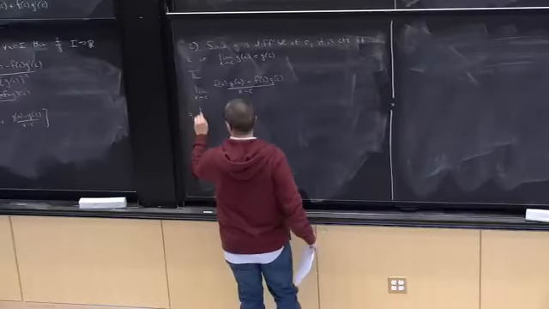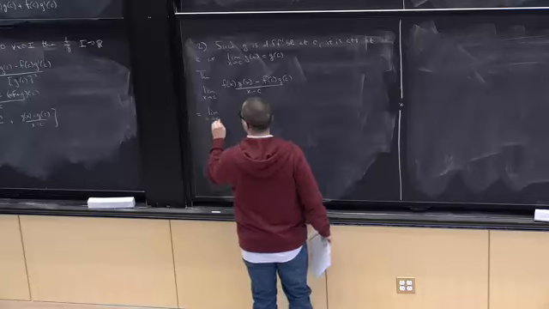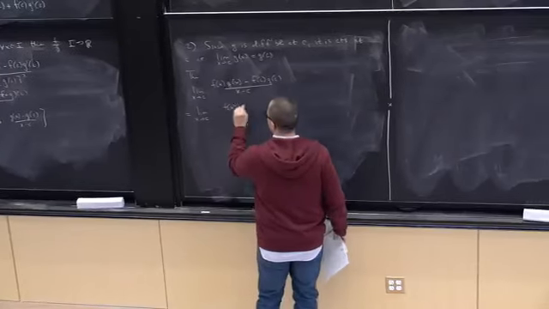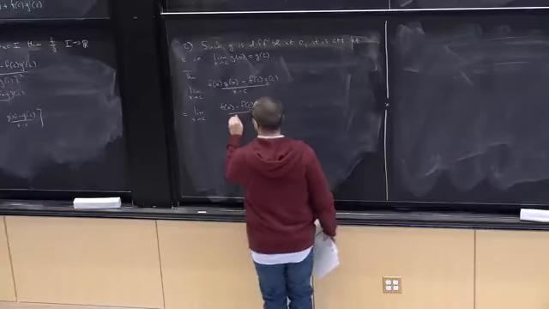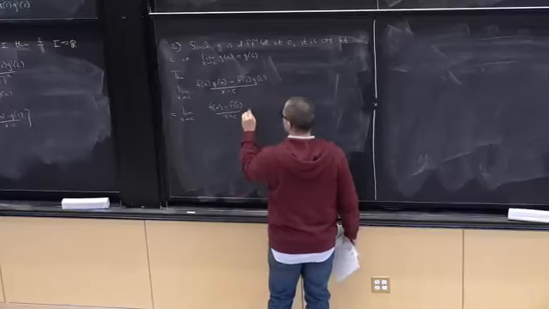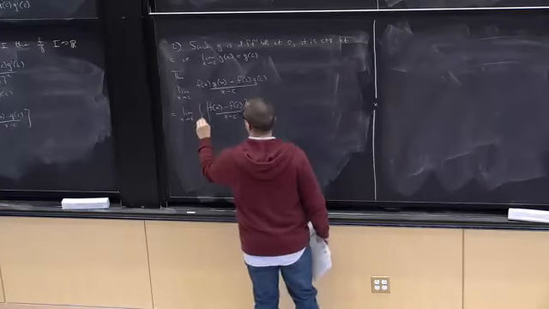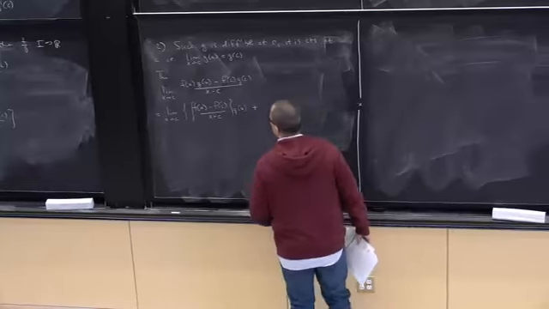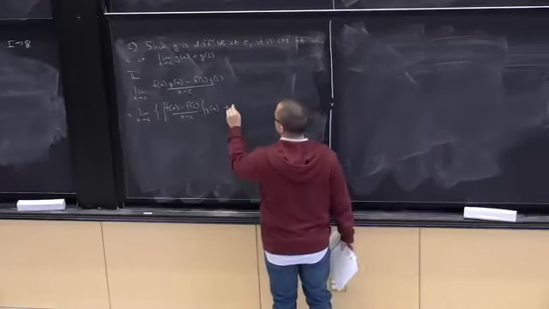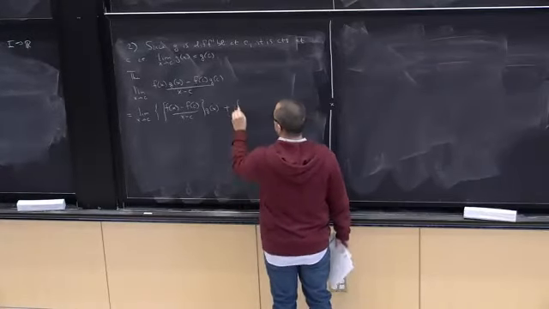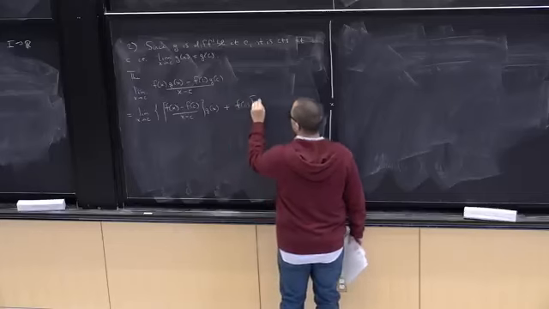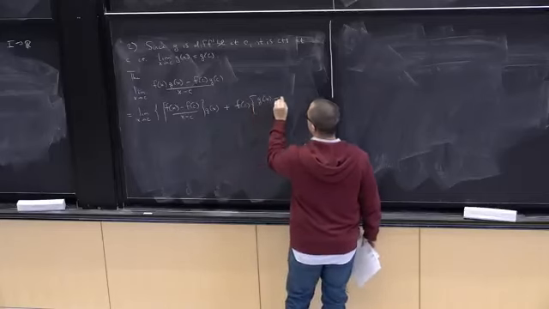So this I can write as the limit as x goes to c of f of x minus f of c over x minus c times g of x, plus f of c times g of x minus g of c over x minus c.